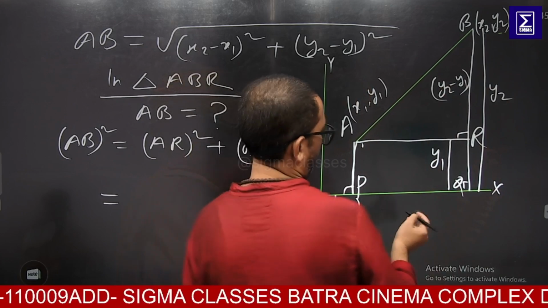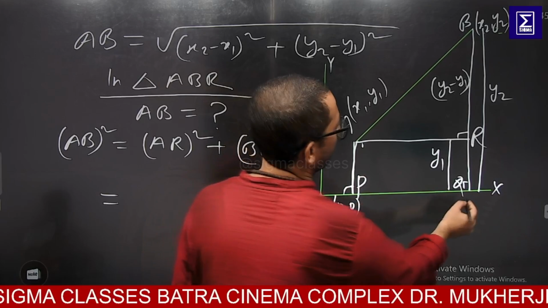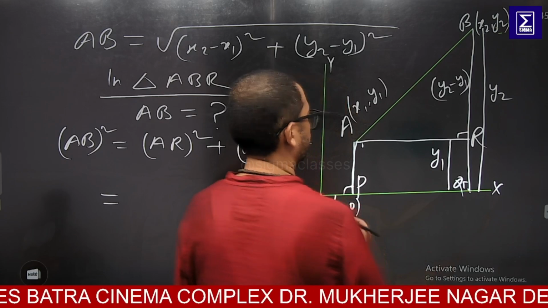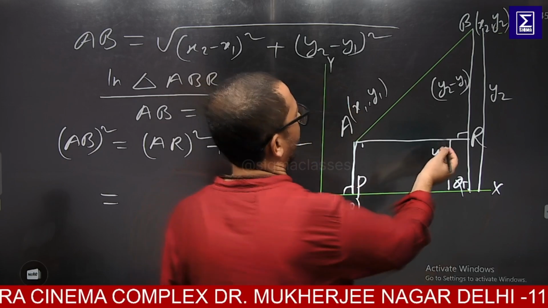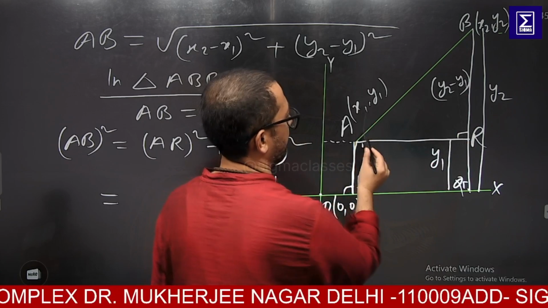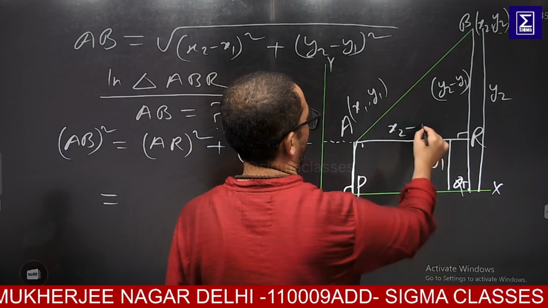In a similar way, from origin to the point B, OB, so OB will be x2, and from here to here this will be x1, so this will be x2 minus x1.